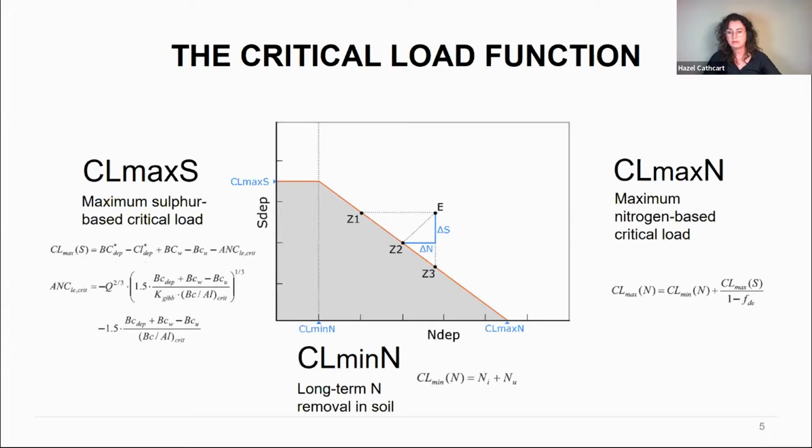Nitrogen in this gray area represents non-exceedance, and anything falling outside of it represents exceedance, so some damage is occurring to the ecosystem.